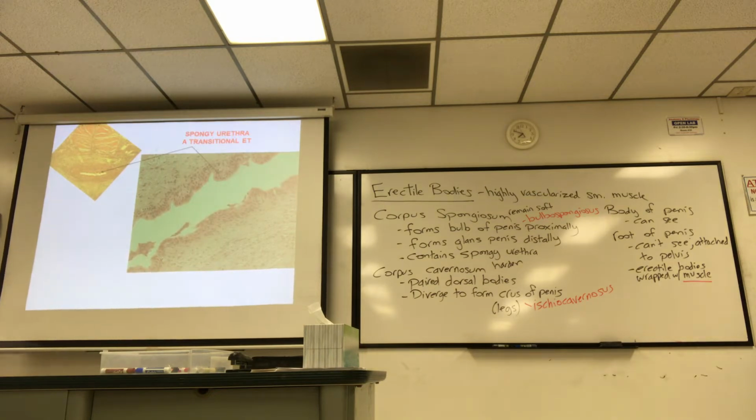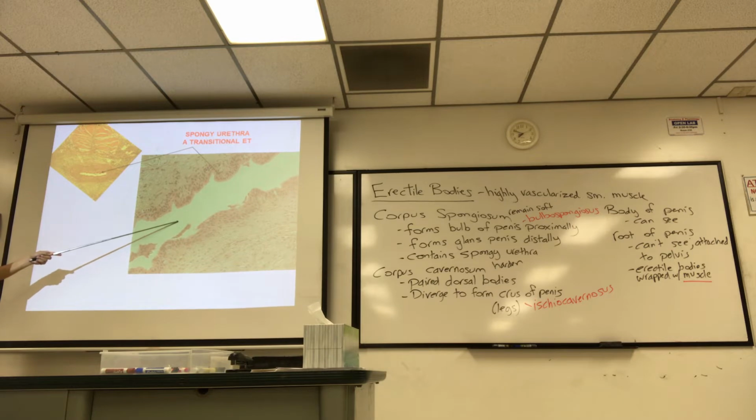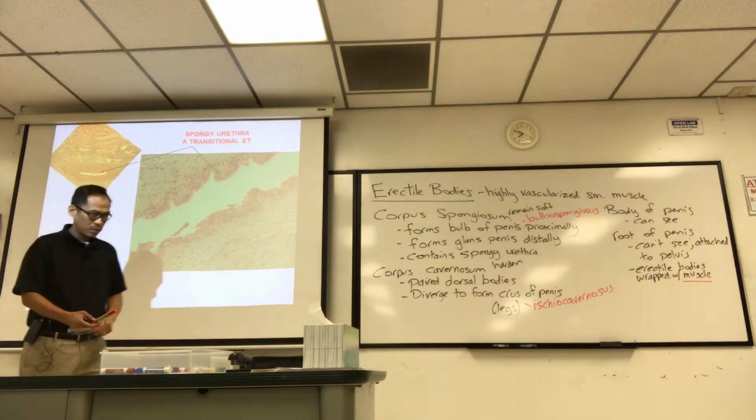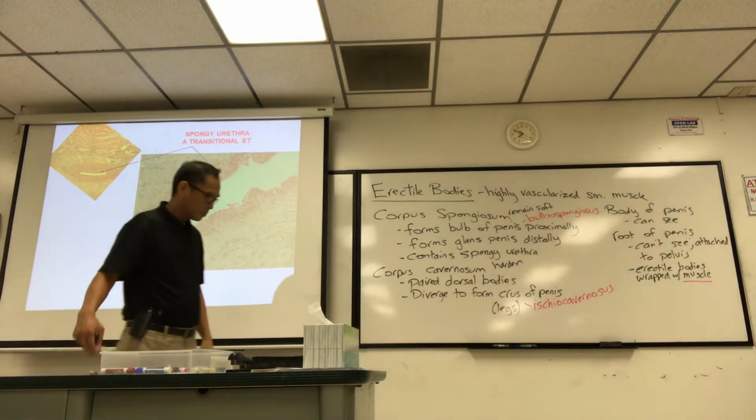So this tissue here is what erectile body tissue looks like. It's highly vascularized smooth muscle, erectile tissue. Now this is the epithelium that lines the urethra. The urethra is basically a lumen, a hole. It's lined with an epithelium, and it's a transitional epithelial tissue.